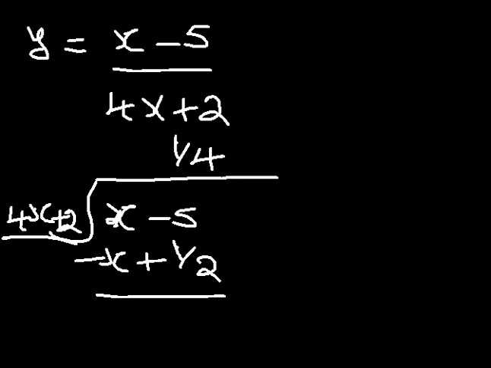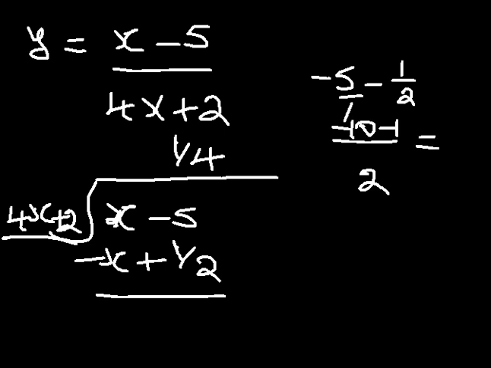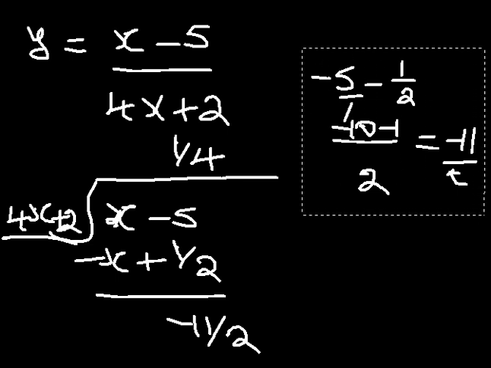Next we have x minus x, that is given as 0. Then we have negative 5 minus half. What would that be? We have 2 times 5 is 10, so negative 10 minus 1, we have negative 11 over 2, which is about negative 5.5.